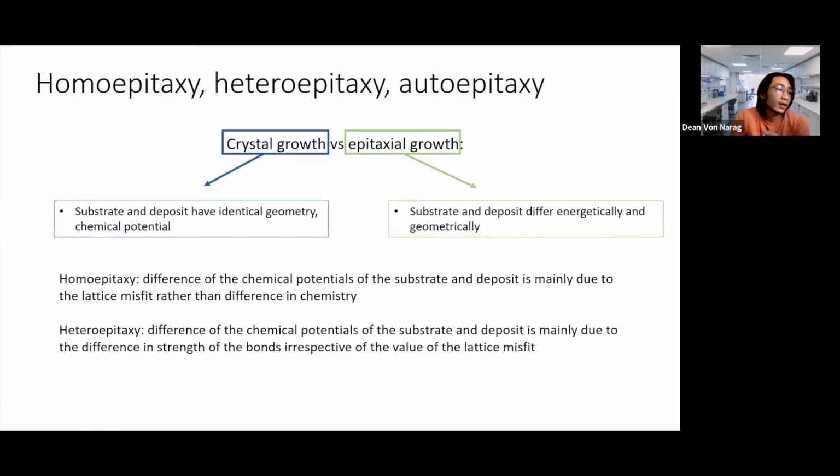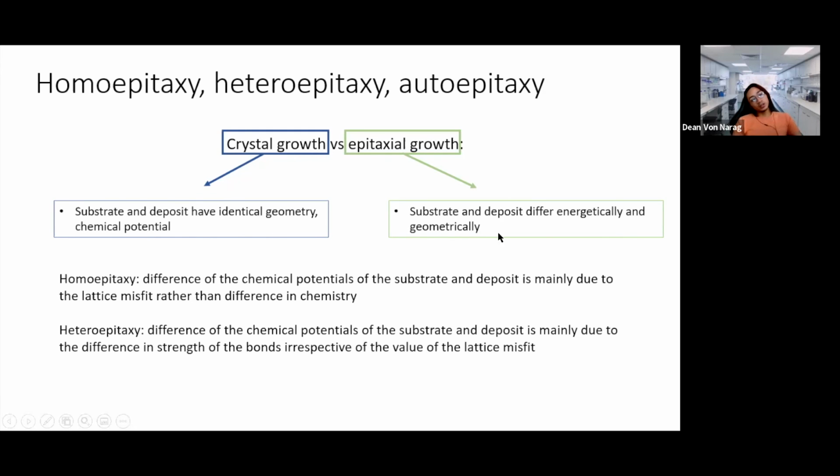If, for example, we have a silicon seed crystal or silicon substrate, and we grow silicon on top of it, you get something that will be an extension of your silicon seed crystal. So for that case, their geometry is identical. Since you have silicon bonds, the chemical potential is the same, and then it is essentially just crystal growth.